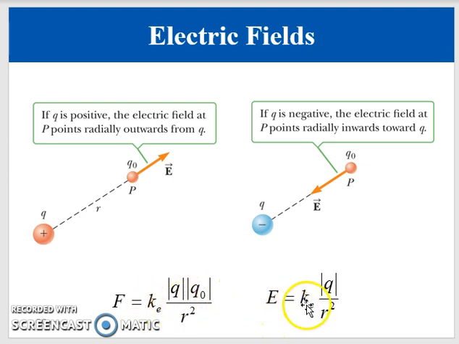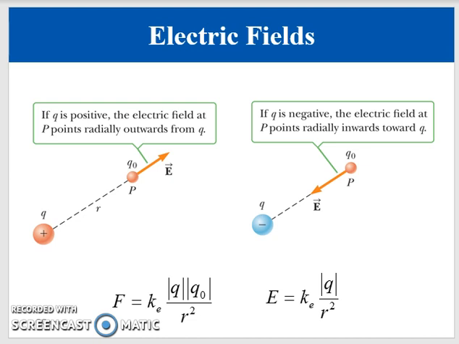So what this tells me is that the electric field of my source charge, what the capital Q in the previous slide, is sometimes called the source charge, as opposed to the test charge. And so every charged object is going to have an electric field that is equivalent to Coulomb's constant times the amount of charge on my source charge divided by the distance squared between my source charge and test charge, okay?